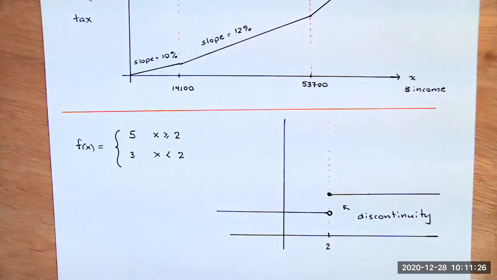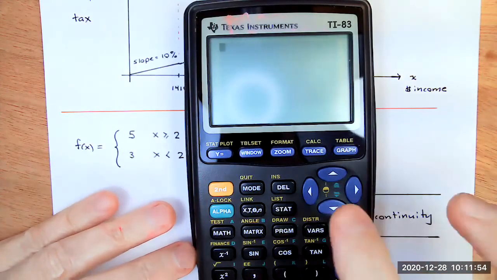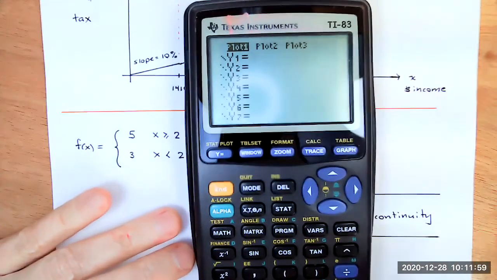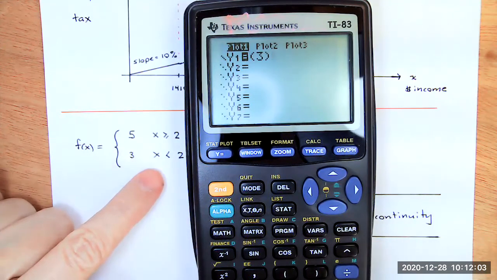And I'll show you how you can type that into a graphing calculator. You want to type in a function that you're going to graph. So that's y equals. So 3 for x less than 2.